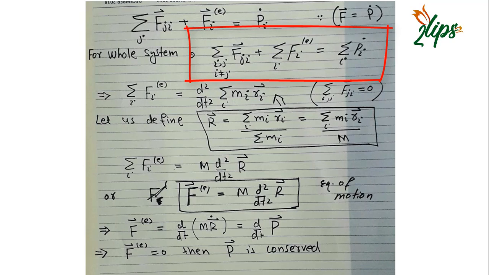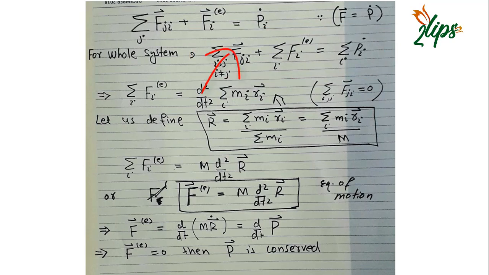Similarly, if we are considering the jth particle, then this will be the force due to all the other ith particles. The second term is the total external force acting on each and every individual particle, and on the right side we have the time derivative of momentum as usual.